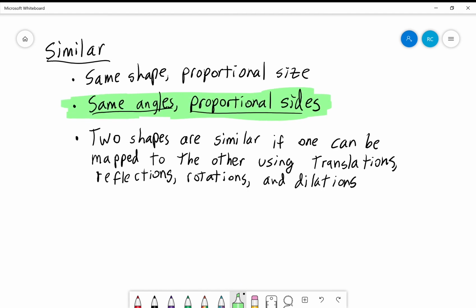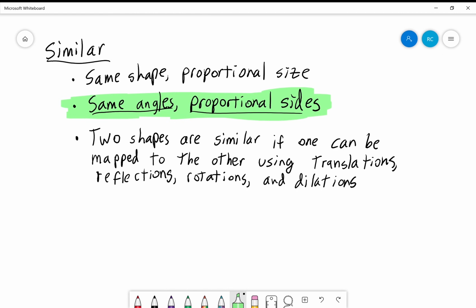This is the definition that in a problem on a class test, you are most likely to find use for. It's much more likely that you're going to be using the same angles proportional sides rule rather than the translation, reflection, rotation, dilation rule. Because in most real problems, you can't pick shapes up and dilate them and rotate them to see if they're similar or not. So usually you're going to be looking at angles and sides.